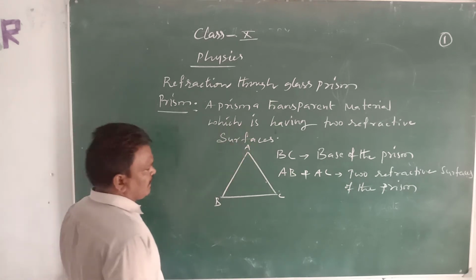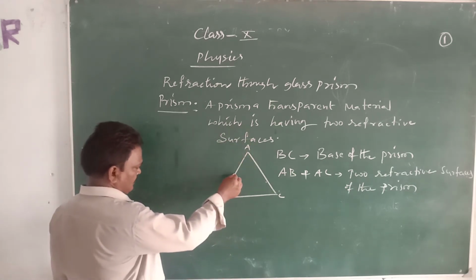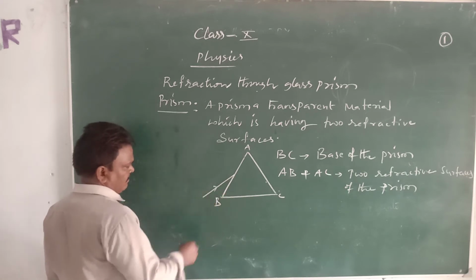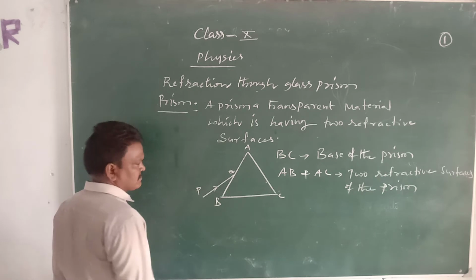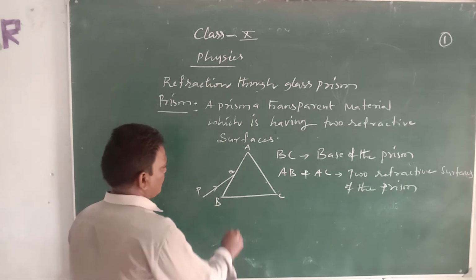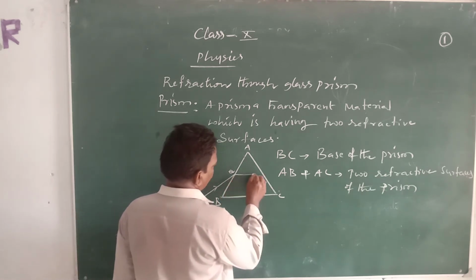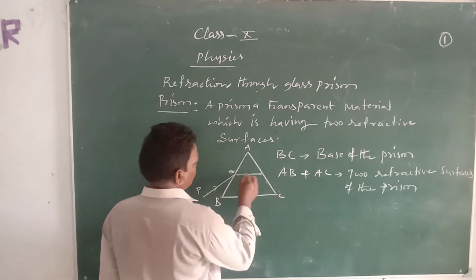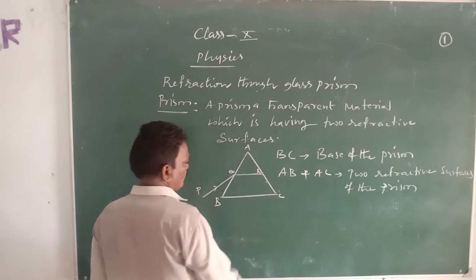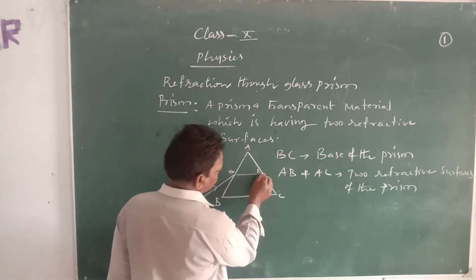If a light ray, an incident ray PQ, is incident on the surface AB of the prism, you can write QR and RS.